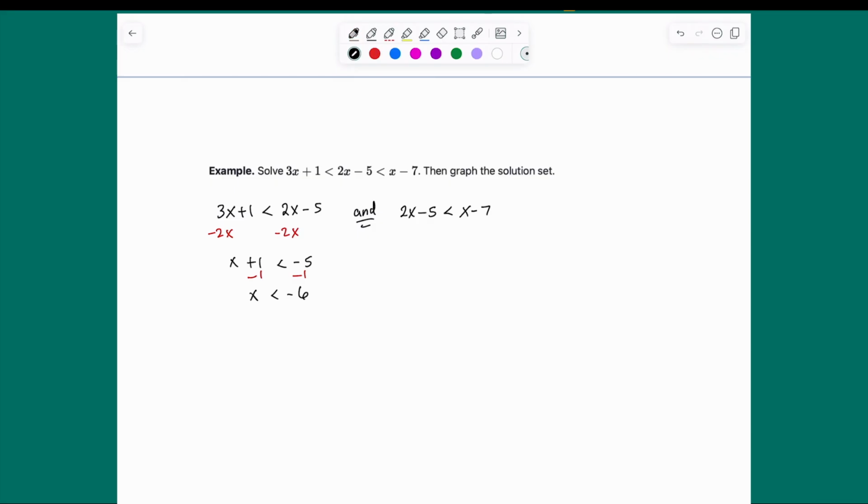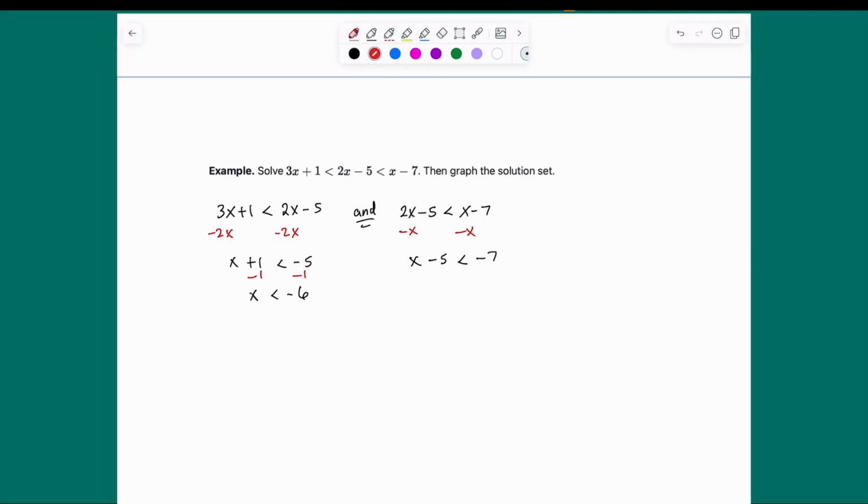All right, now solving the one on the right, again I'm going to subtract x on both sides. And I'm going to get left with x minus 5 less than minus 7.